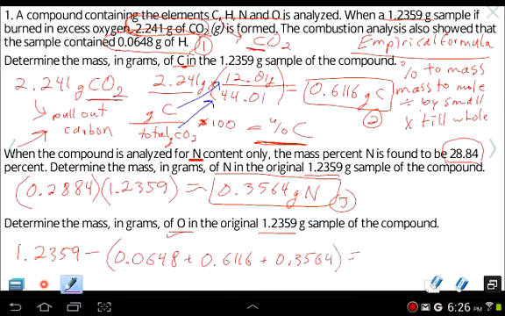And take a minute to do this calculation. Again, you're allowed to use the calculator on this part. That's why the numbers are tougher to work with. So go ahead and add these up: 0.0648, 0.6116.